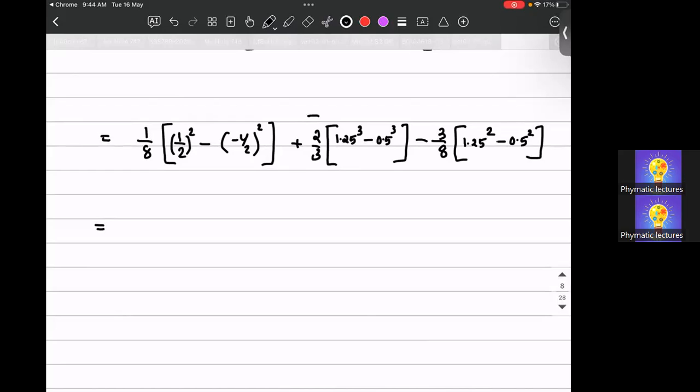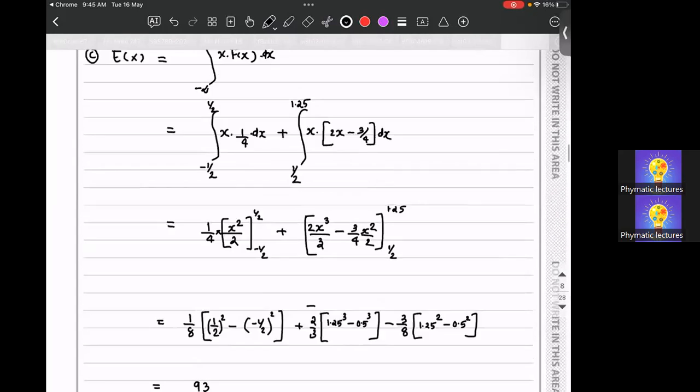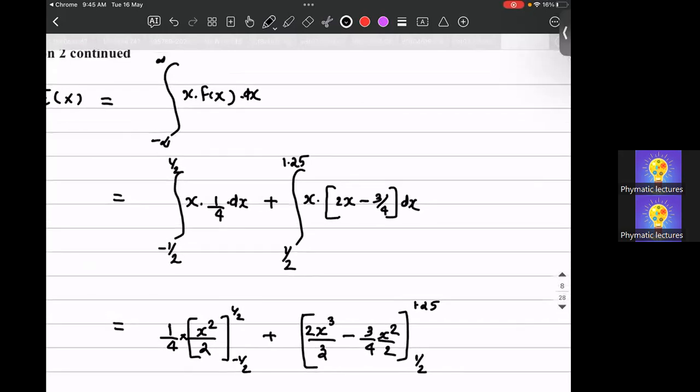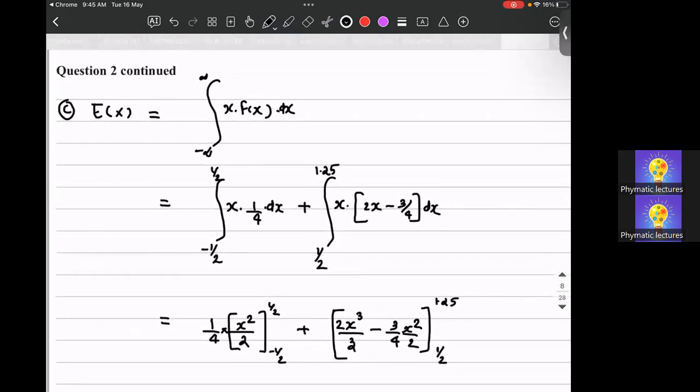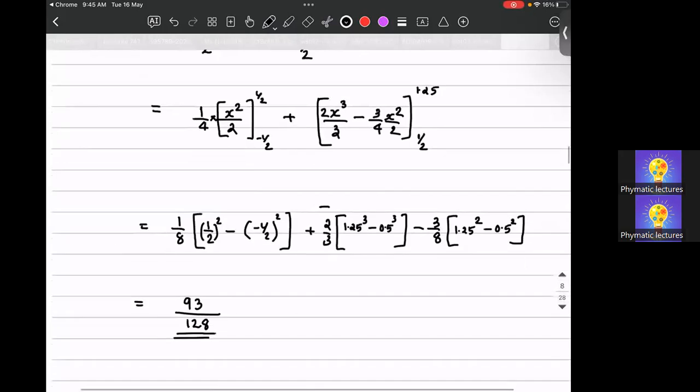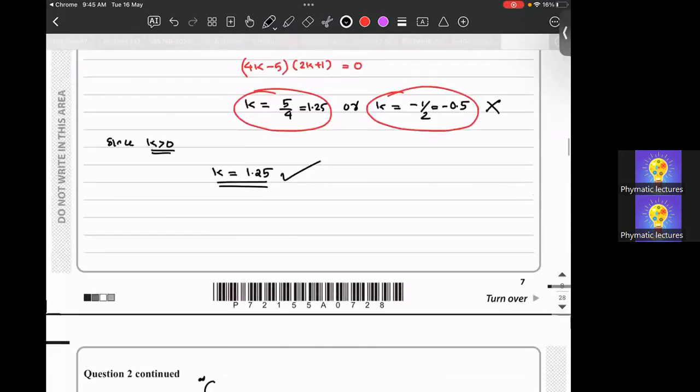If you substitute all these values, we will get 93 upon 128. Hope you got the idea behind this. So that is the answer for C part.